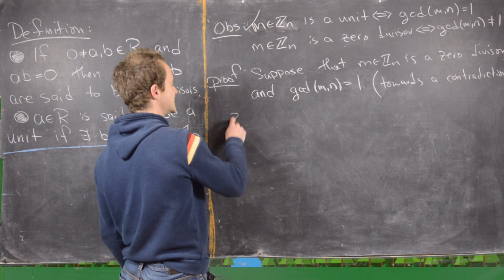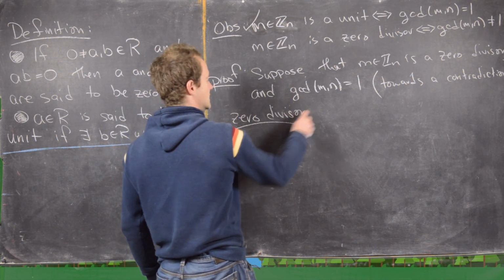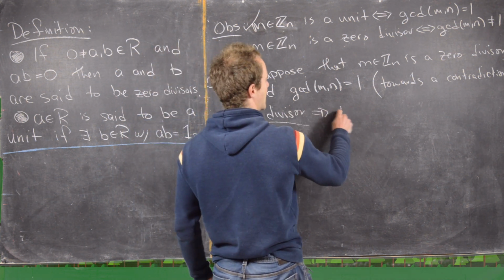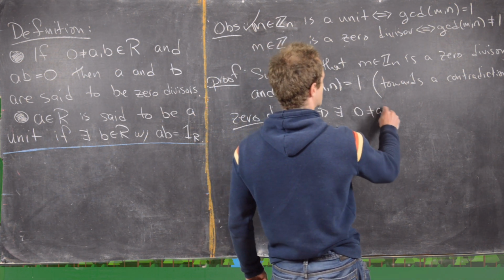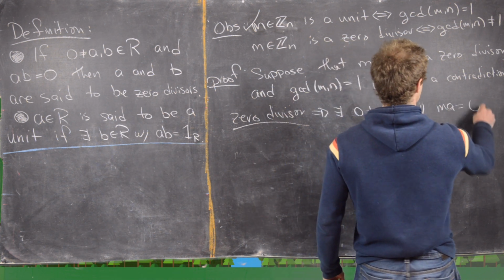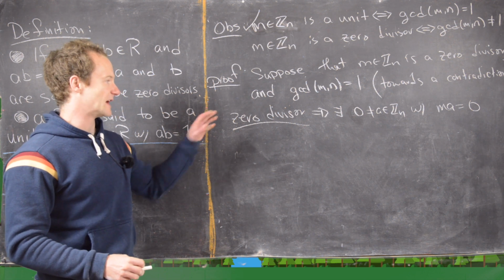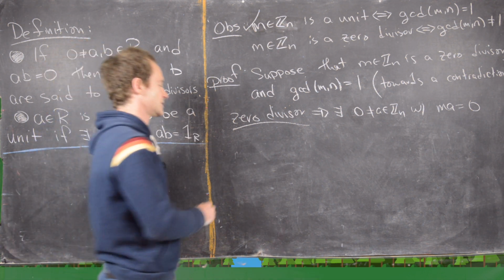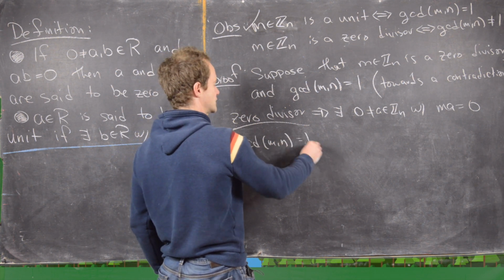Okay, so since we have a zero divisor, that tells you that there exists some a which is not equal to 0 in Zn with m times a equal to 0 inside of Zn. So that's what it takes for m to be a zero divisor. And then the GCD of m and n equals 1.